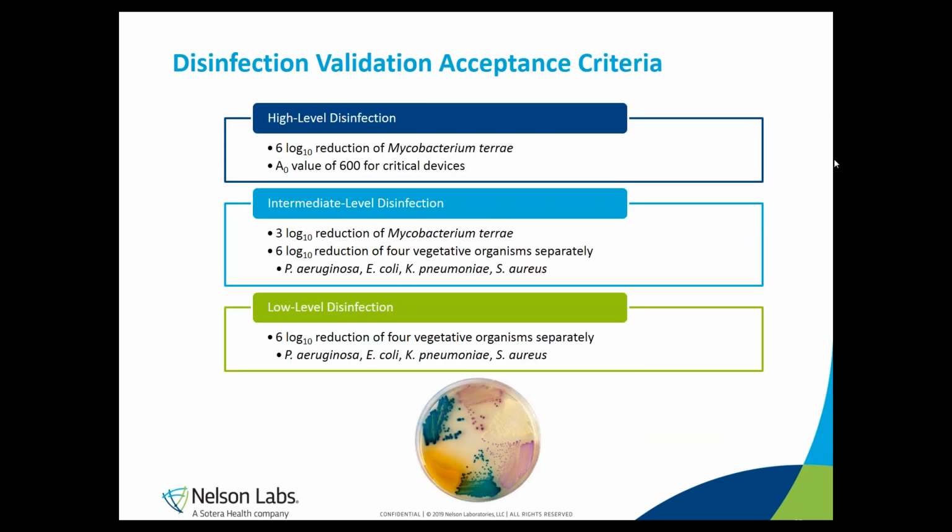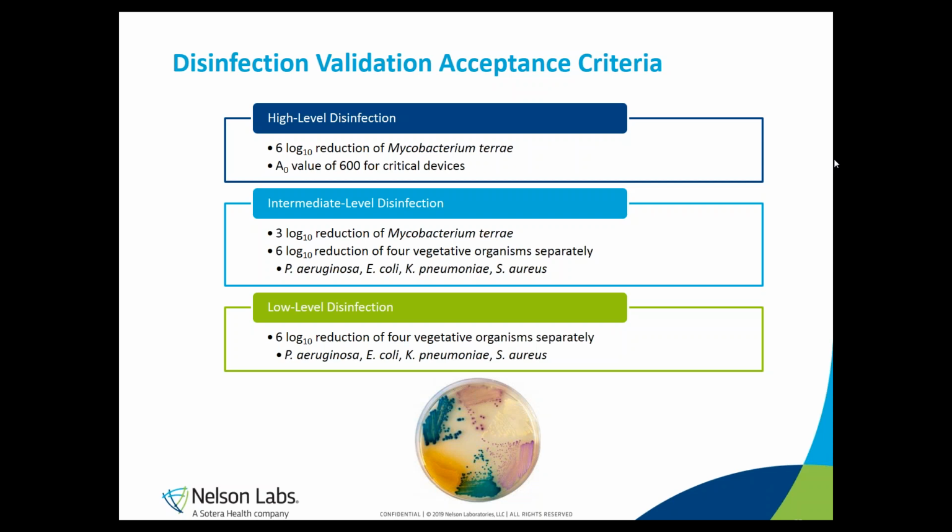So Melissa, how do you assess that after a disinfection validation, your devices are really well disinfected? Are there also acceptance criteria like for cleaning validation? Yes, indeed, Stefanie. For each level of disinfection, there are one or more acceptance criteria. A 6-log10 reduction of 4 vegetative bacteria separately is required for a low-level disinfection.